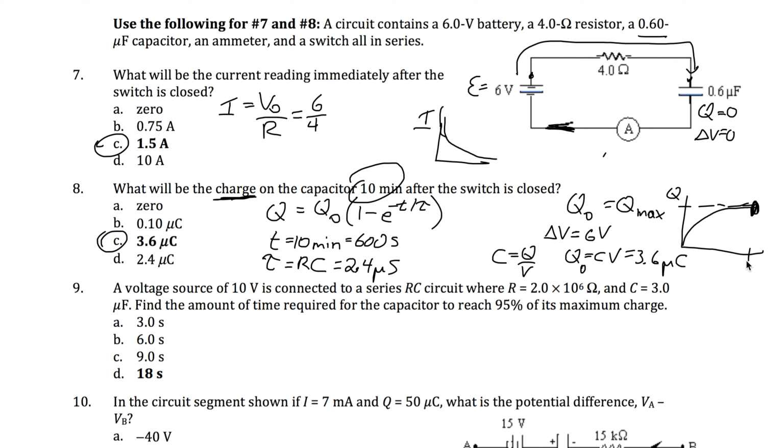Because this is about, what, 3 or 4 tau? We said by 10 tau, you basically have your maximum charge. So by, what, 250 times tau, whatever this number is, you know you've reached your maximum charge. And this was your maximum charge right here. So you didn't actually have to spend time putting all these numbers in here if you looked at that.